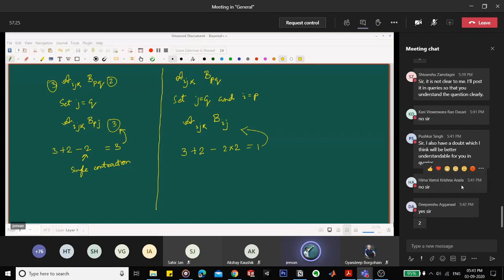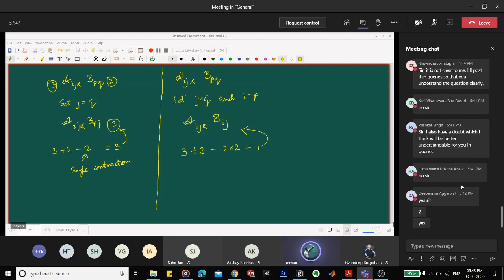Very good, 2. So suppose instead of del Ui del Xj, I had written capital A Ij. Then would you have been able to expand it out in matrix form? Yes, very good.